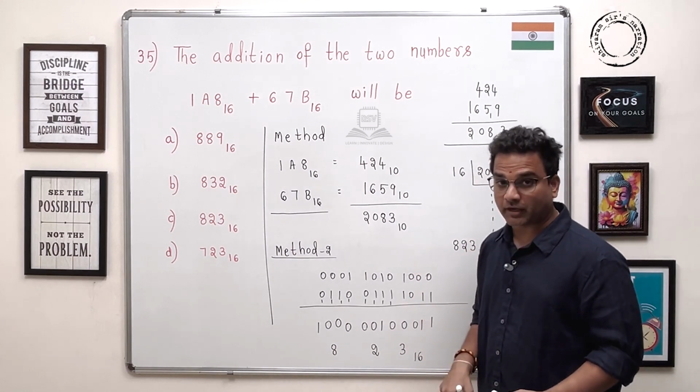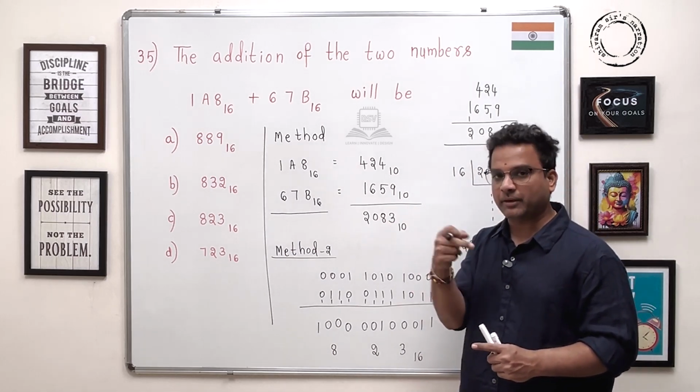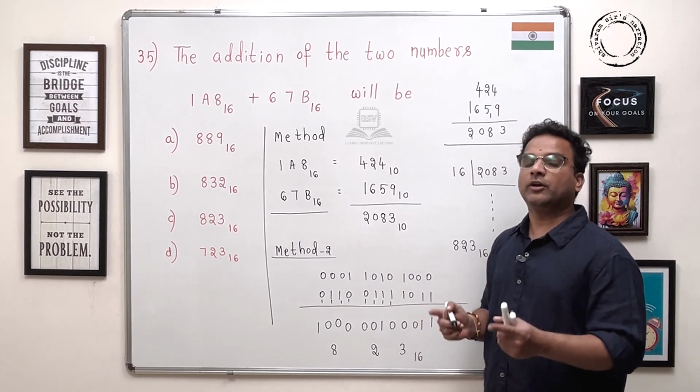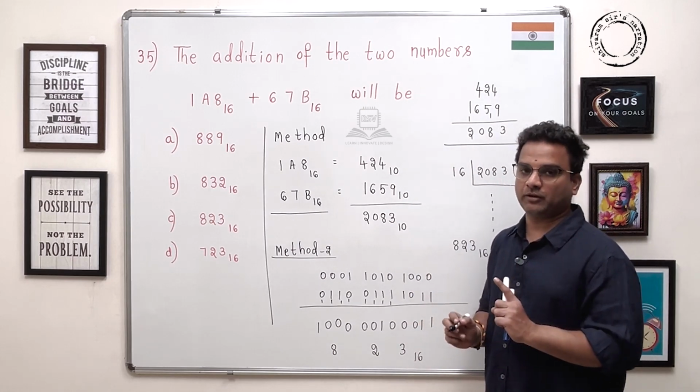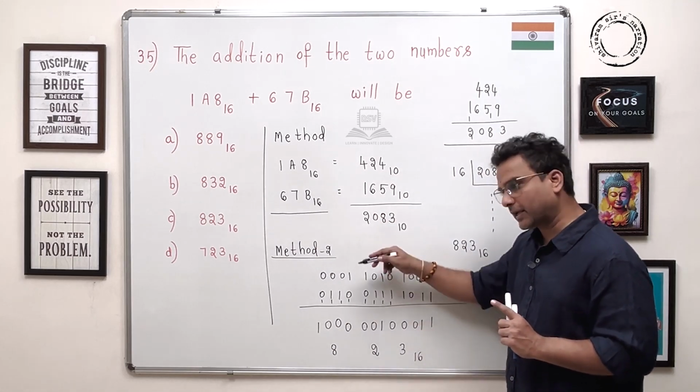So in this way also you can do it. In method 1, you are going to decimal and coming back. In method 2, you are doing it the binary way. You are going from hexadecimal to binary, doing the addition, and again coming back to hexadecimal.